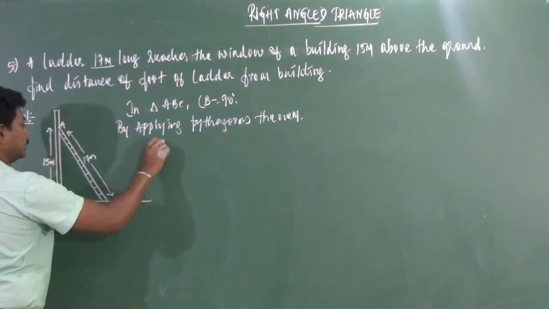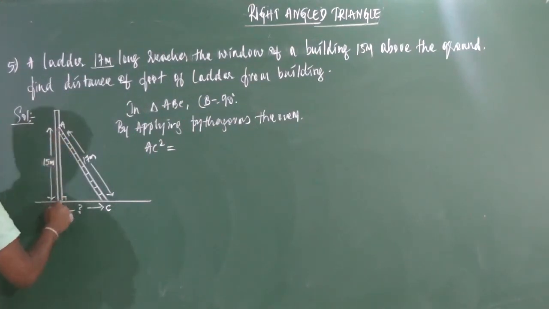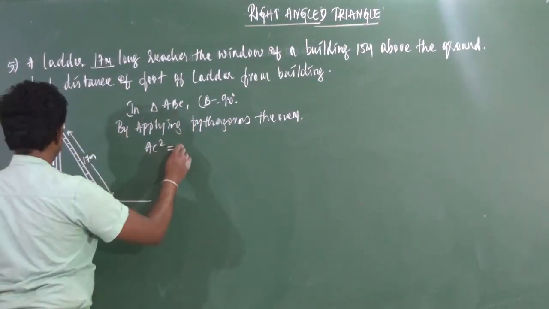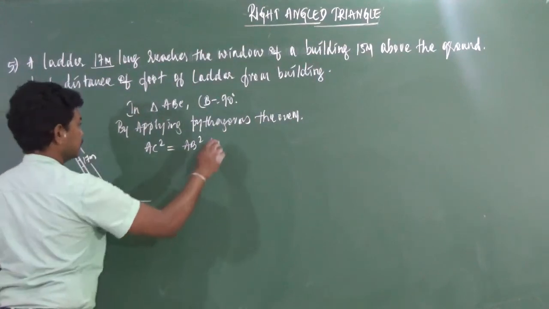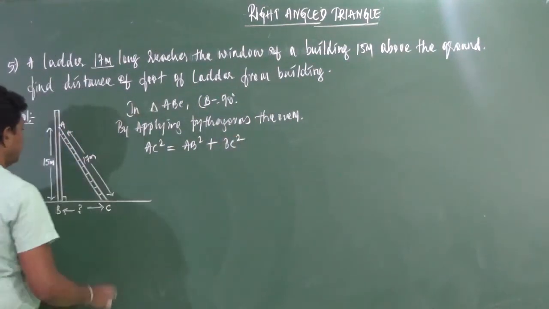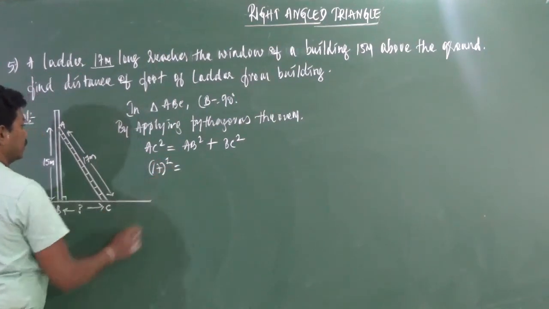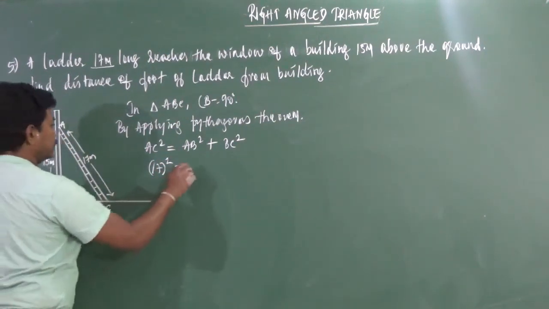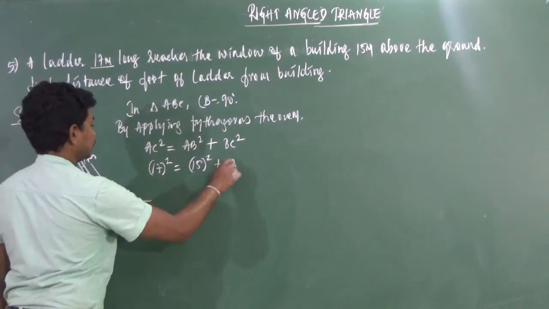So AC square is equal to the window from the ground, which is AB, equal to 15 meters, that is AB square, plus this distance, that is BC square. So AC square is 17 square, equal to AB, which is 15 square, plus you have to find the length of BC square.